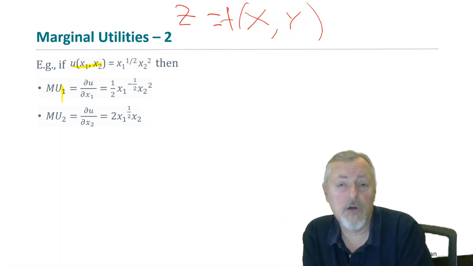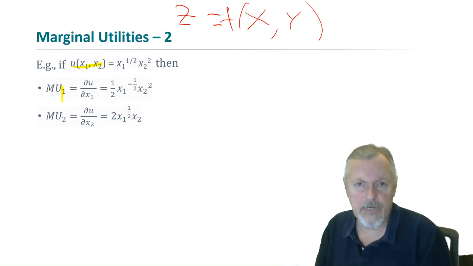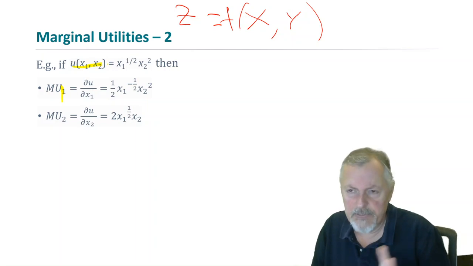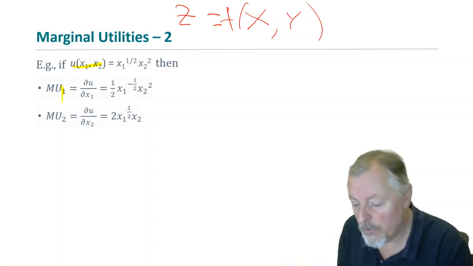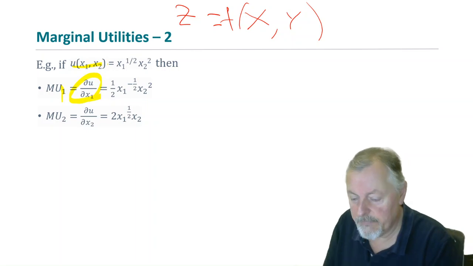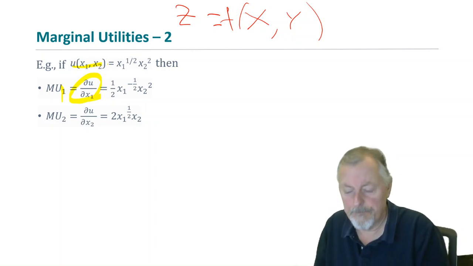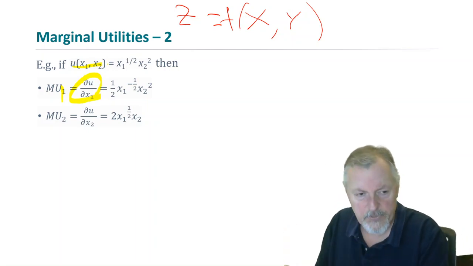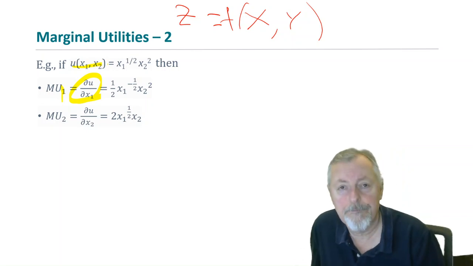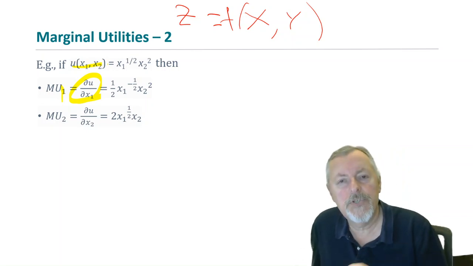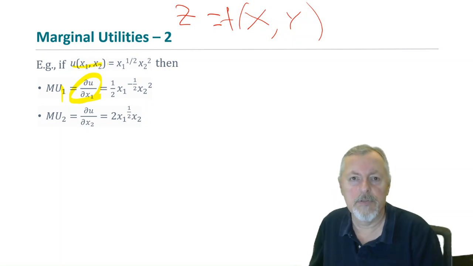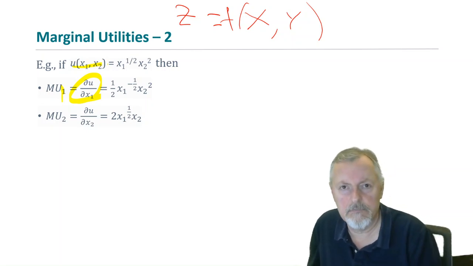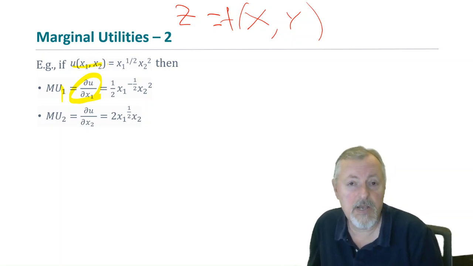The way you take a partial derivative, and look at the little video I posted, it explains it very easily. If you take the partial derivative of a function with respect to a particular variable, in this case x1, you just pretend that all the other variables are constants. The derivative of a constant is 0.